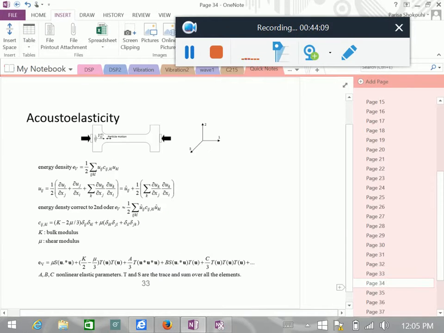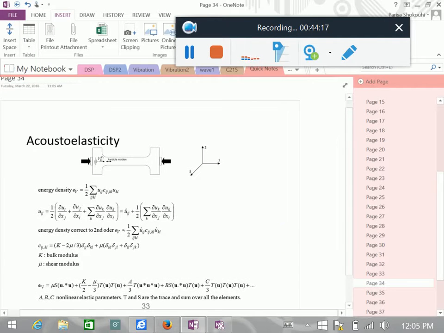Now, with all the fun and excitement, why is this happening? Because something that you could have asked me was, wait a minute, you told us the velocity is, in 1D, the square root of E over rho, and in 3D is the square root of M over rho, where M is... what is M?